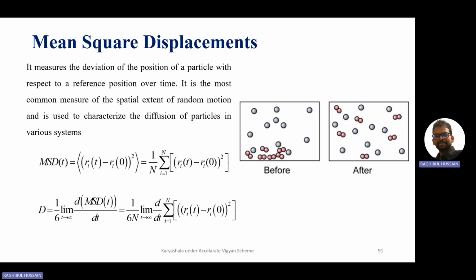It is the most common measure of spatial extent of random motion used to characterize the diffusion of particles of various systems. Now, I must say that this diffusion is the self-diffusion. When you do the molecular dynamics, then you get the self-diffusion.